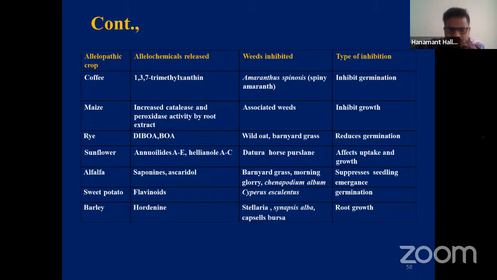After some time those residues get decomposed and other processes of losses occur. After that I can get good germination of the succeeding crop after sunflower.